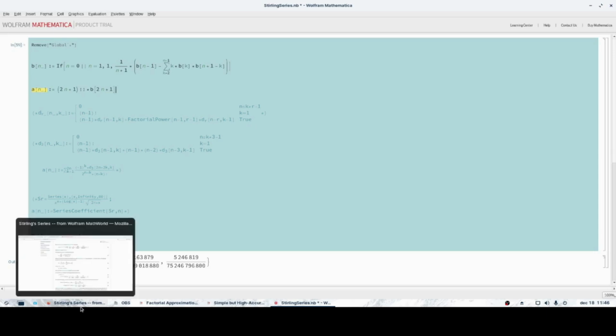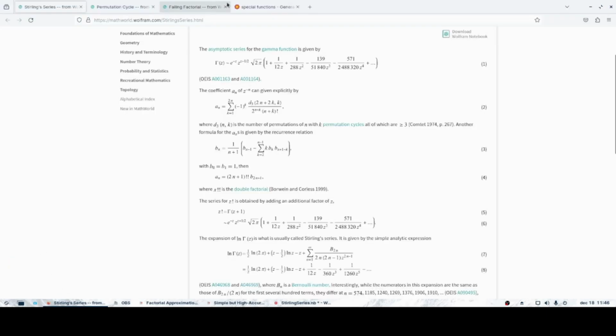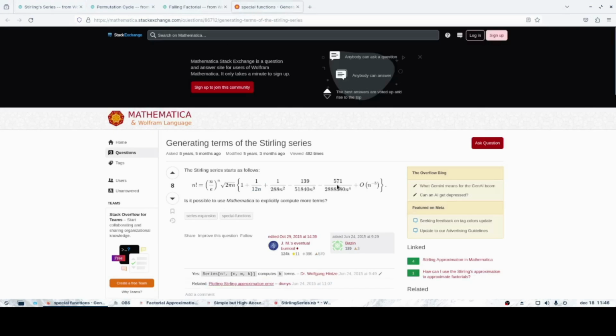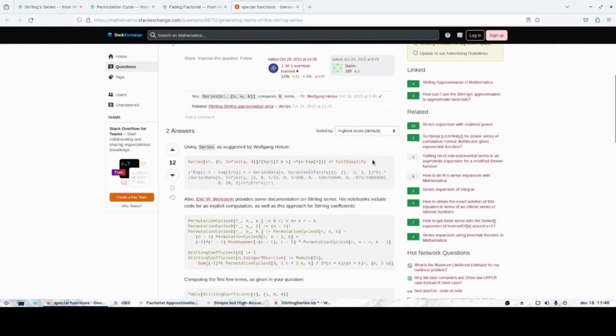So I need to find another way, and found in this text on this page where she is talking about the same thing, and somebody mentioned this Wolfgang Hinze method to get the series.